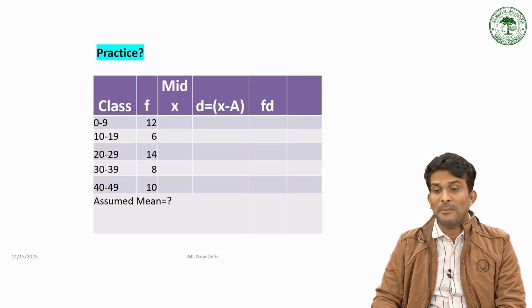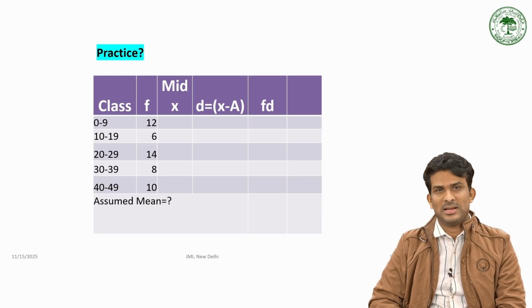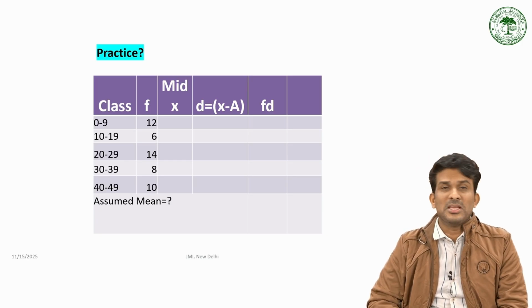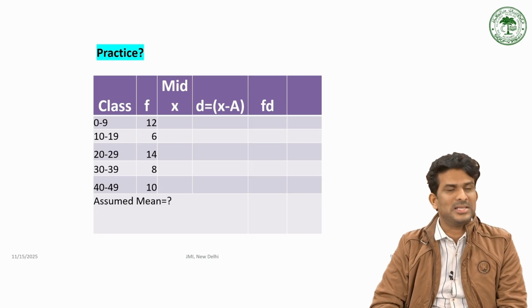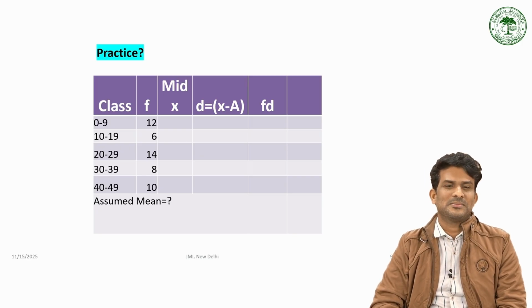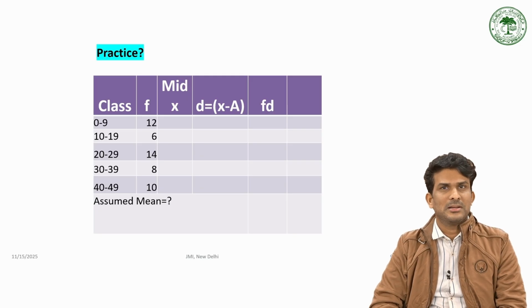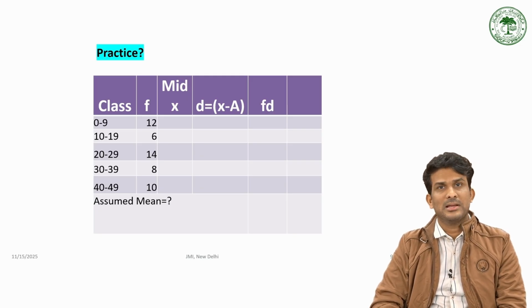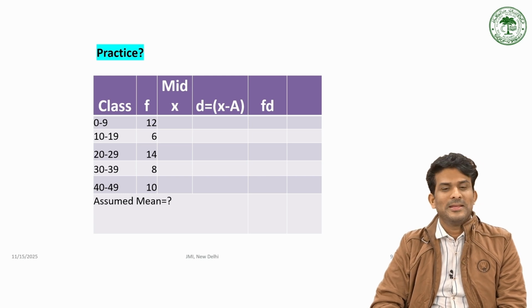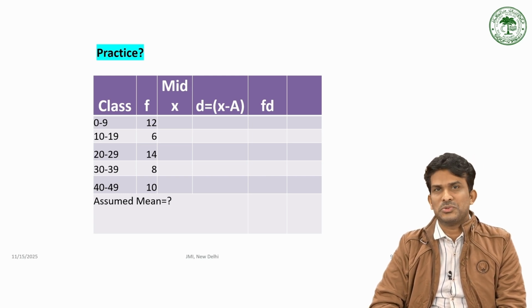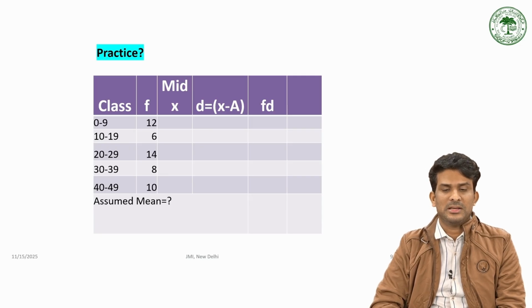Again, remember how to do that. For that, let me give you another example. It's not for me to calculate, you have to calculate. The classes are 0 to 9, 10 to 19, 20 to 29, 30 to 39, and 40 to 49.